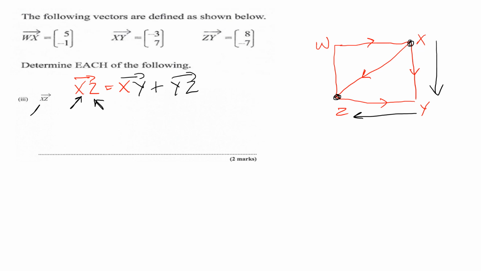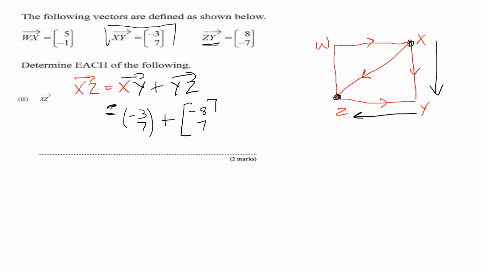So that is going to give us what? Let's work it out. We have XY here. That is (-3, 7), plus YZ. But here we have ZY, so we're going to go in the opposite direction. So instead of (8, -7), we're going to get (-8, 7). We're going in the opposite direction, remember that.